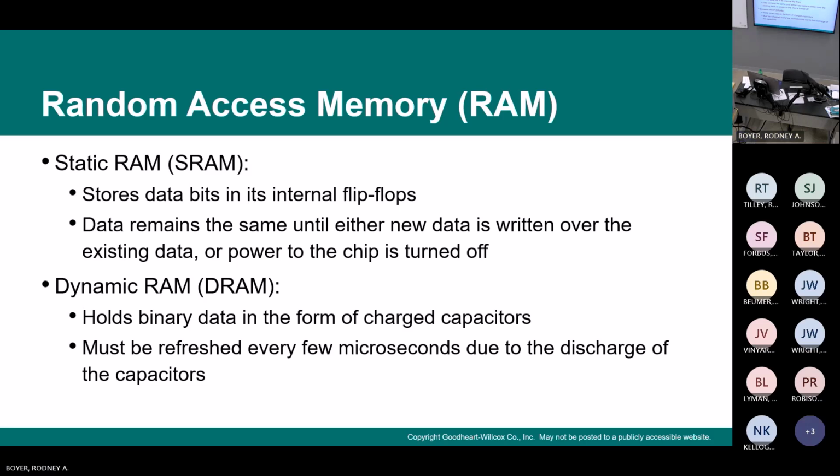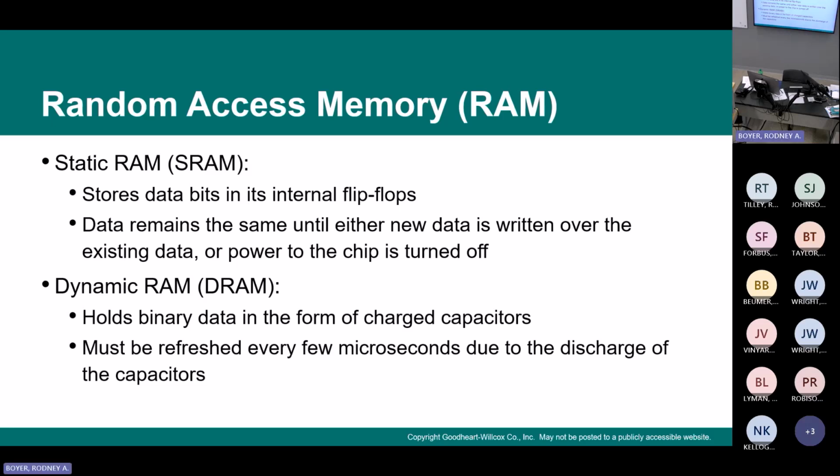If you turn it off, it stays off. If you turn it on, it stays on until you tell it otherwise. That's why the data remains the same until it's either overwritten or the chip's turned off.